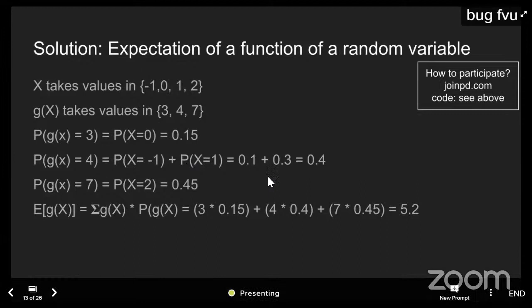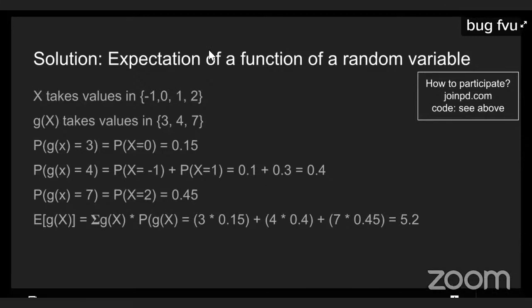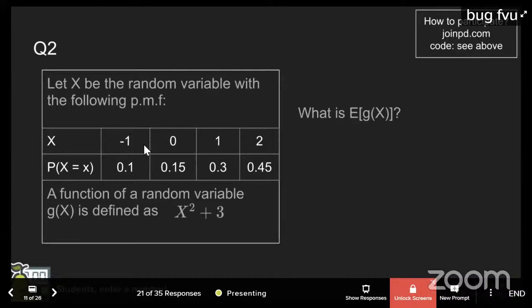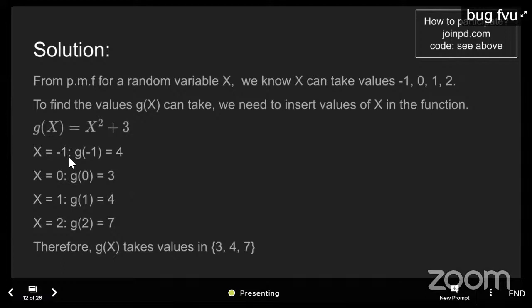Clear, right? What does x equals -1 mean? Yes, x equals 1 I understand, but what does -1 mean? We know that x can take the value -1 as well. So when x is -1, our function g(x) becomes (-1) squared plus 3, so g(x) takes the value 4.